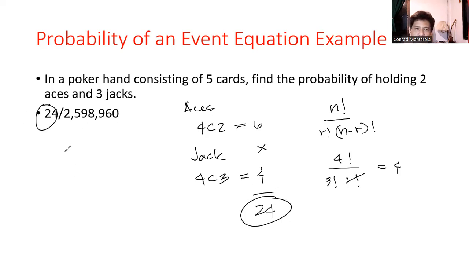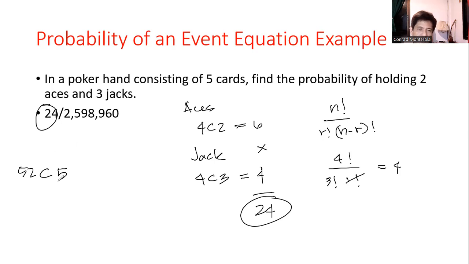So what about the denominator? The denominator is the total number of possible outcomes. We have 52 cards, and it's a combination of 5 because there are 5 cards in poker. This is quite large, so we use the calculator: 52 shift divided by 5.